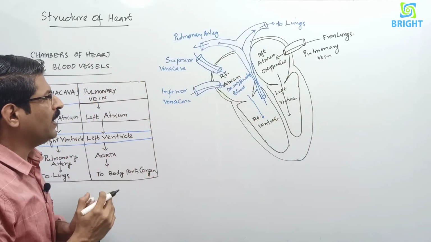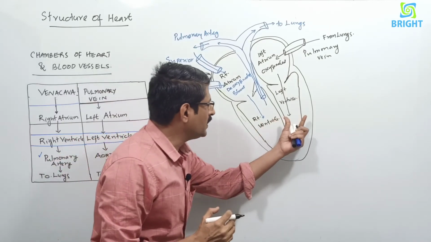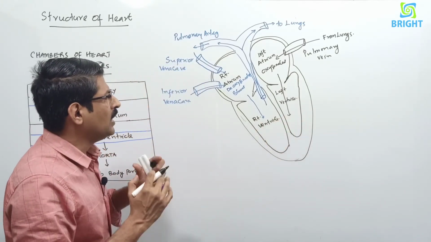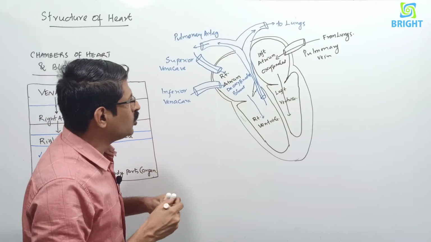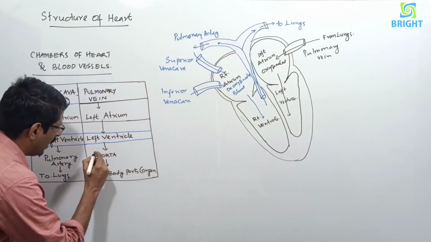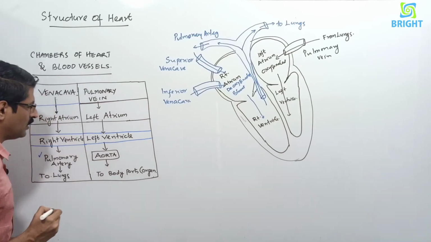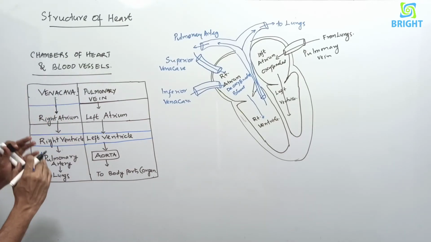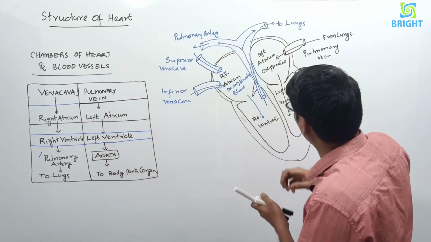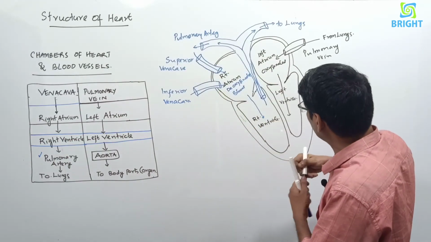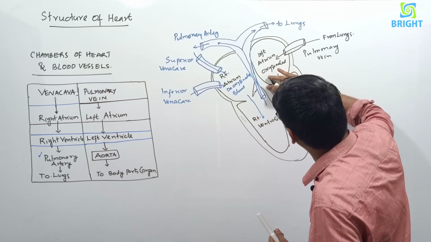And when the left ventricle contracts, the left ventricle, which has the thickest wall because it is pumping the blood with high pressure into the different parts of the body, pumps through the blood vessel called the aorta. It is the largest artery in our body, and it starts from the left ventricle. So this is starting from here, and it is the largest blood vessel, the largest artery in our body.